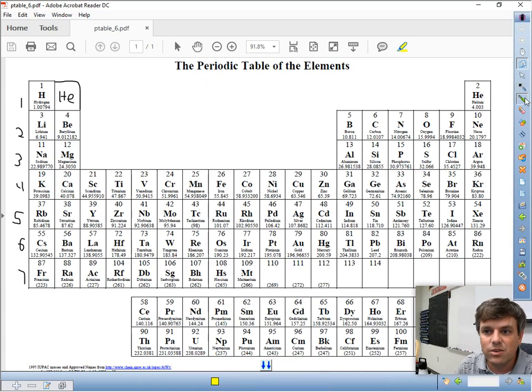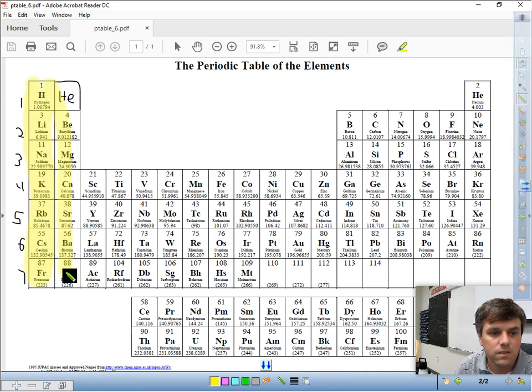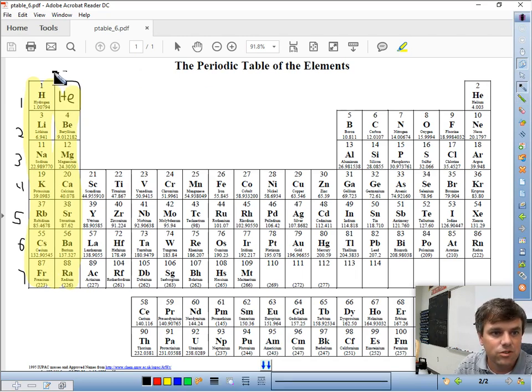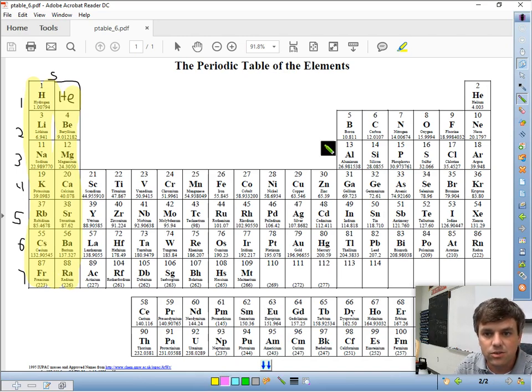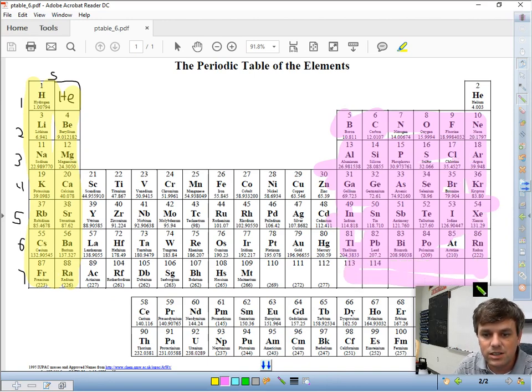And we're going to have a few different regions of the periodic table. So this first region right here is going to be the S region. Then we're going to have this region over here. I'm just kind of roughly coloring this in. That would also include these elements down here.